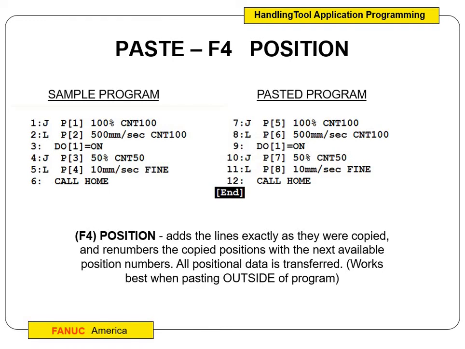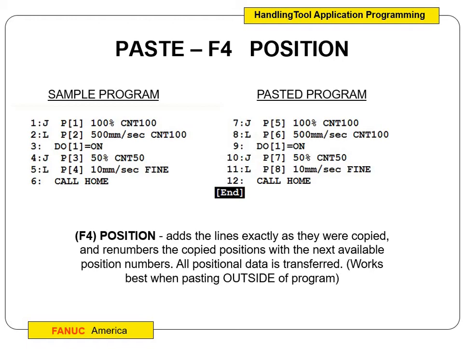In this case, what we were just talking about, if we do the paste position, it takes the first 6 lines of code, keeps all the logic, all the joints, all the speeds, all that's the same, and then gives it the next available position IDs, which are 5, 6, 7, and 8. So that's really the difference between F3 and F4: one keeps the old position numbers, the other one keeps all the exact movements.